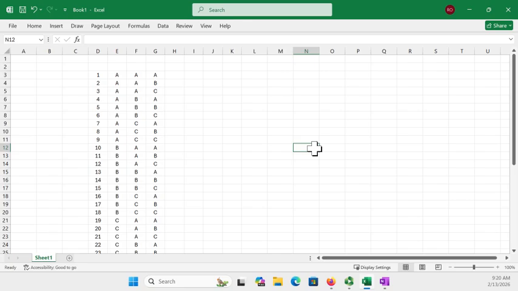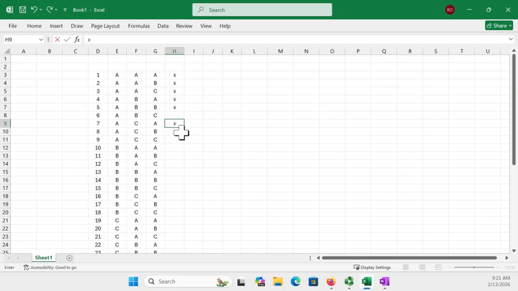Now I want to take out the repeats so that I can't have AAA or AAB. Anything that repeats has to come out. I make a mark in there just so I can keep track of which ones have a repeat. This one repeats. ABB. ABC doesn't repeat. ACA, I have a repeat.